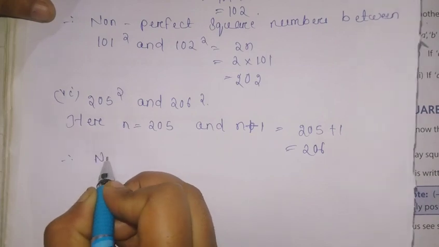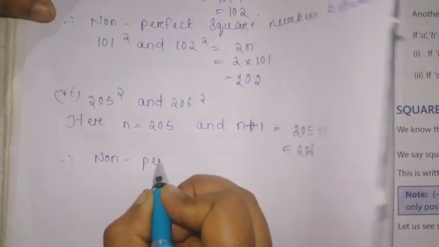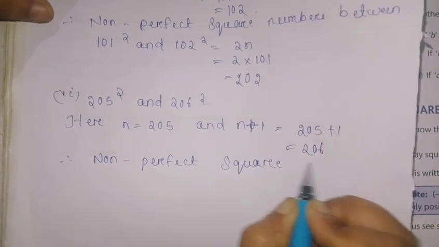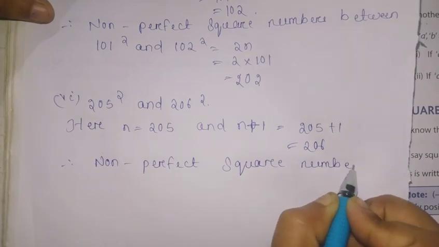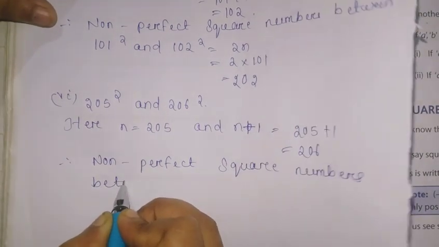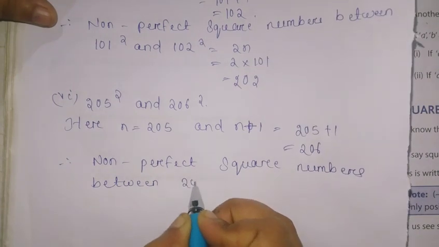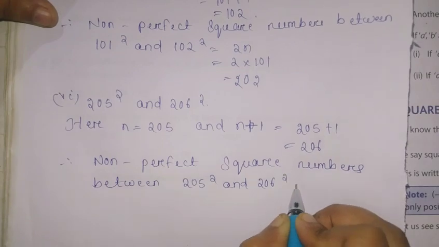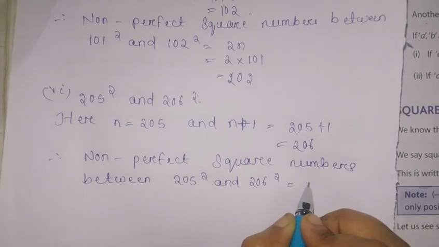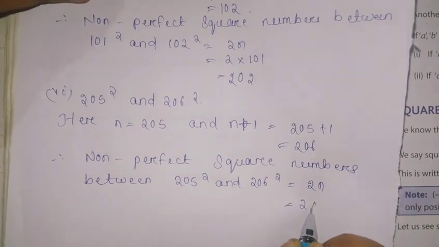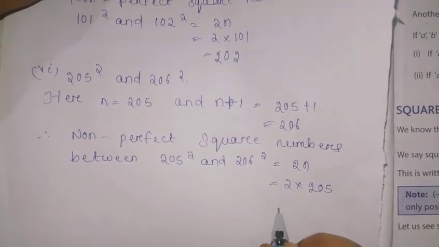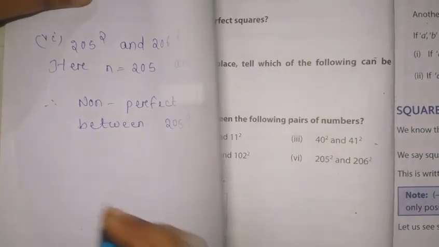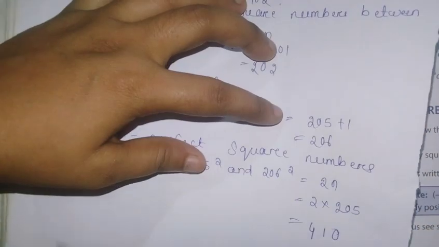Then non-perfect square numbers between 205 square and 206 square equal 2n. Then 2 into 205 is 410.